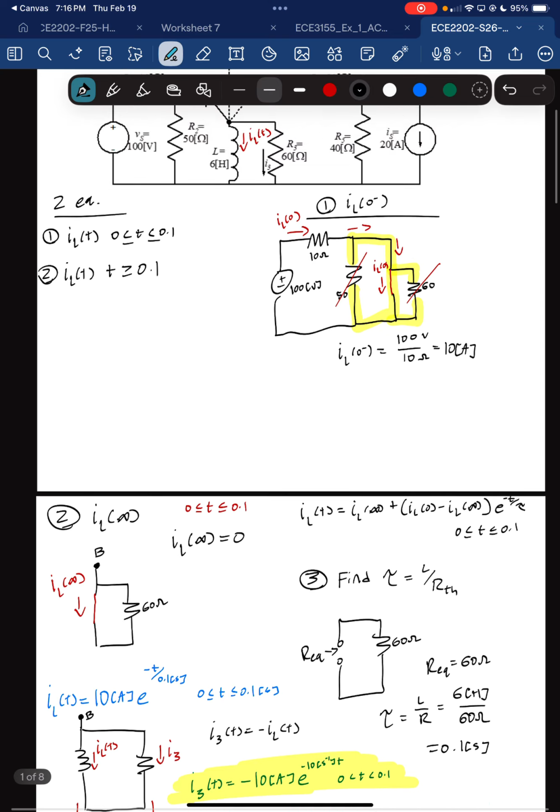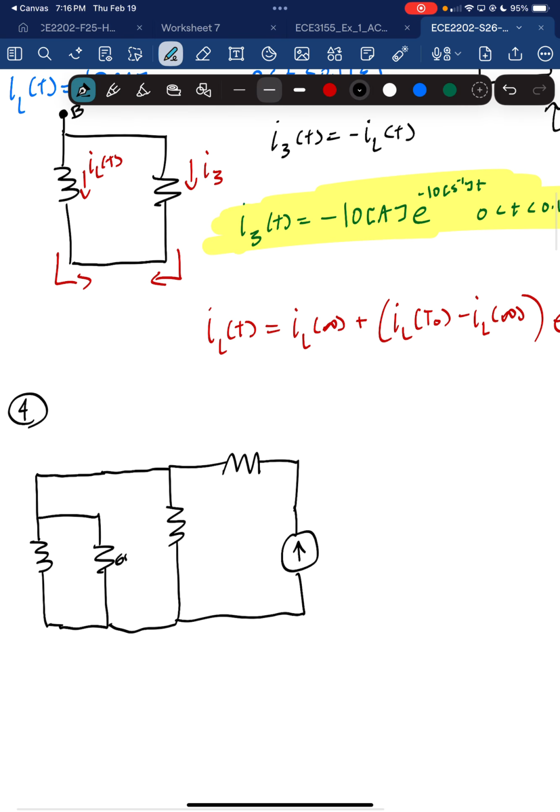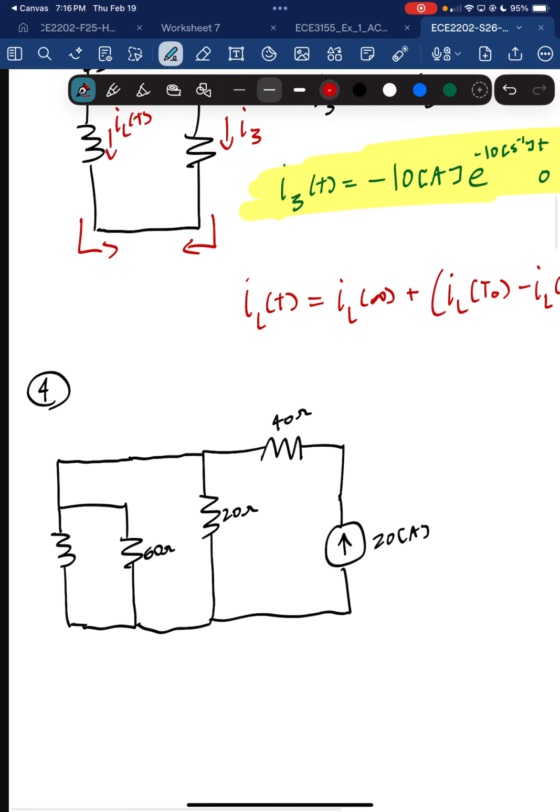All right, and we have 60, 20, 40, 20 amps, ohms, ohms, ohms.